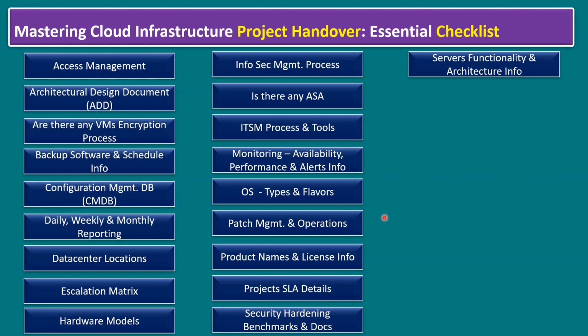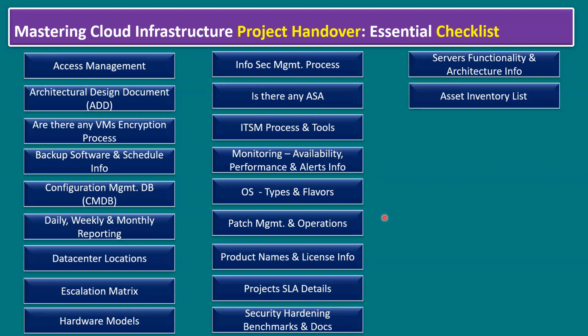And specifically from the networking perspective, we should have the complete connectivity landscape information, including the architecture. Similarly for the storage environment, the application layer, the monitoring layer, each layer we should cover with functionality and architecture information.